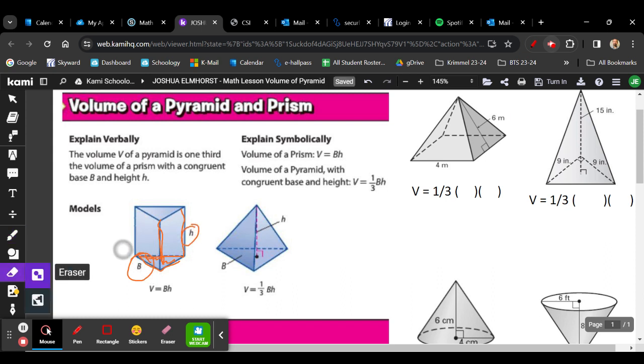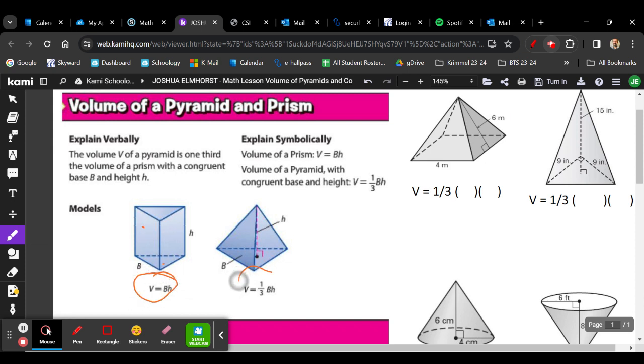But one thing we want to notice here is if we take away one corner, two corners, and then a third side, which is going to be hard to see on this side. Within that, we are taking away 2/3 of the volume, and we're left with 1/3 of the volume of a prism.